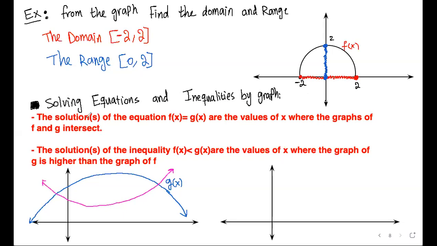Okay. Now, for the first one, the solutions of the equation f of x equal g of x are the values for x. So we look at the values for x where the graphs of both functions intersect. So both functions, the blue one and the pink one, intersect at this point and at this point.